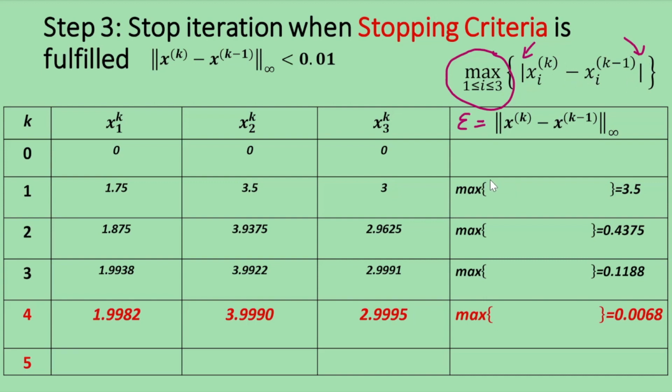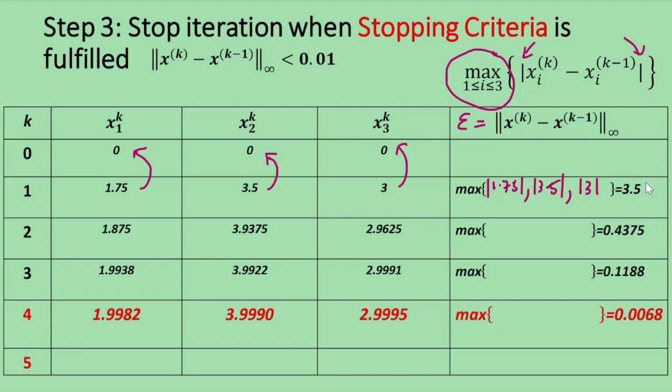So the components here would be the absolute value of 1.75 minus 0, so the absolute value of 1.75, the absolute value of 3.5 minus 0, so the absolute value of 3.5, and the absolute value of 3 minus 0, which is 3. Alright, and if you still remember, the infinity norm of a vector is the maximum value. So the maximum of all 3 values is 3.5.